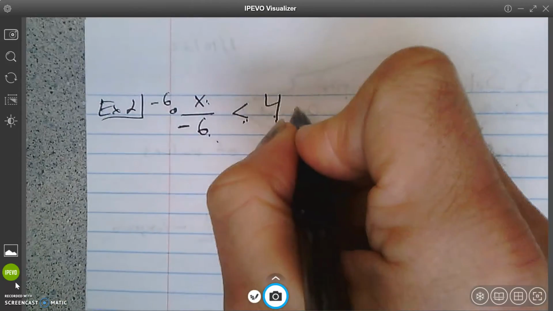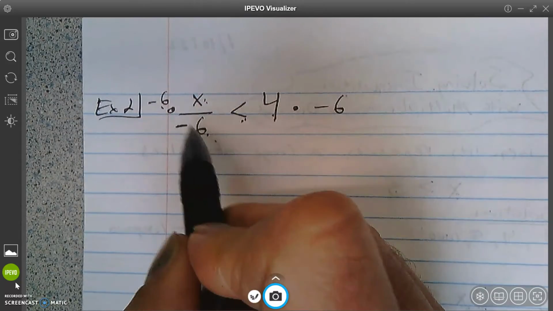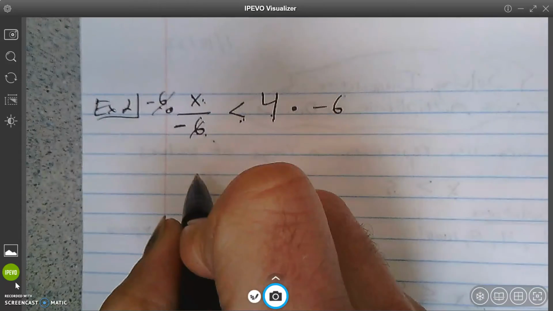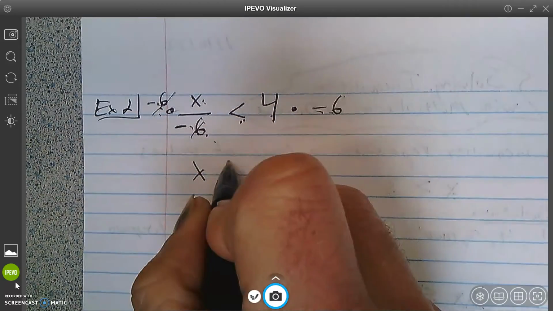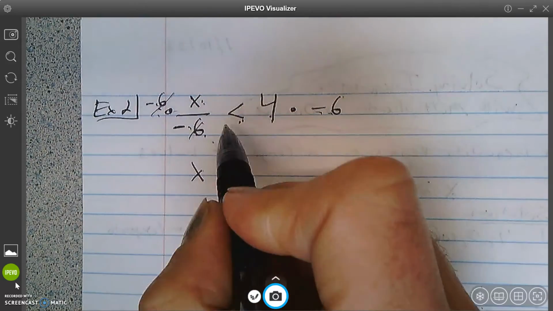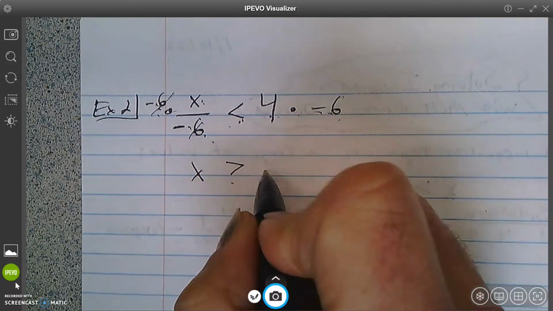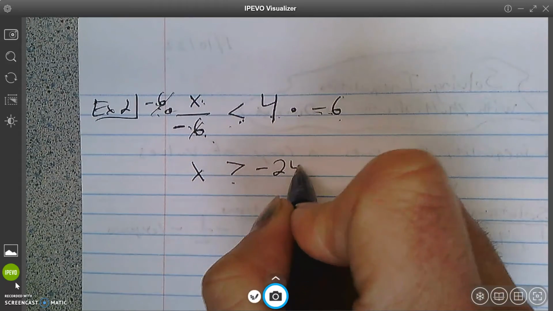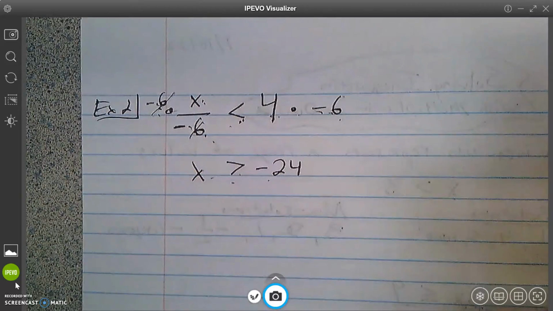Multiplication. So we'll multiply both sides by negative 6. Negative 6 divided by negative 6 is 1. And I'm multiplying both sides by a negative, so I'm going to flip the inequality. 4 times negative 6 is negative 24. There we go.